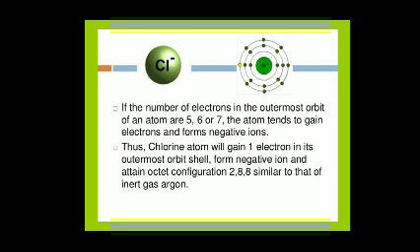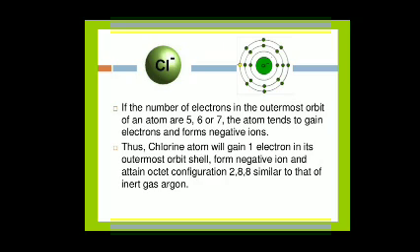The chlorine atom will gain one electron in its outermost orbit shell to form a negative ion and attain the octet configuration 2, 8, 8, similar to that of the inert gas argon configuration.